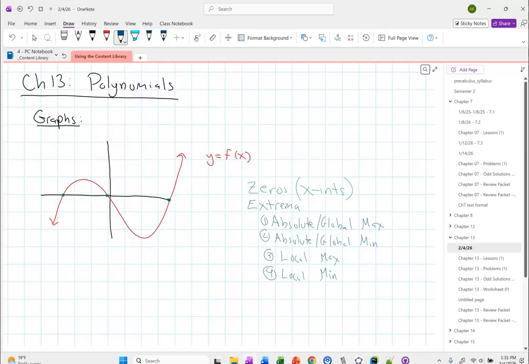Those 4 types are absolute or global maximums, and you could use those 2 terms interchangeably.